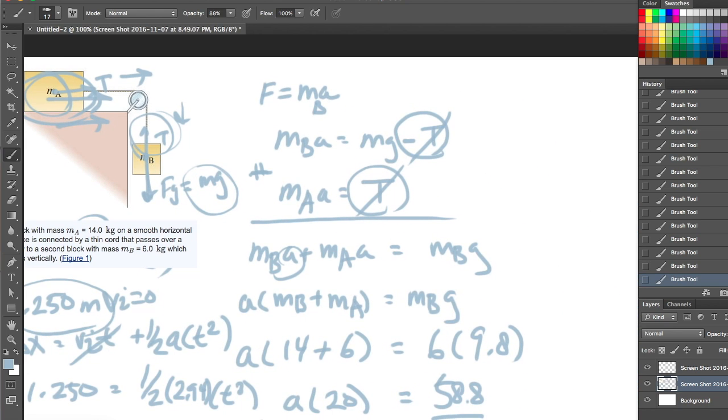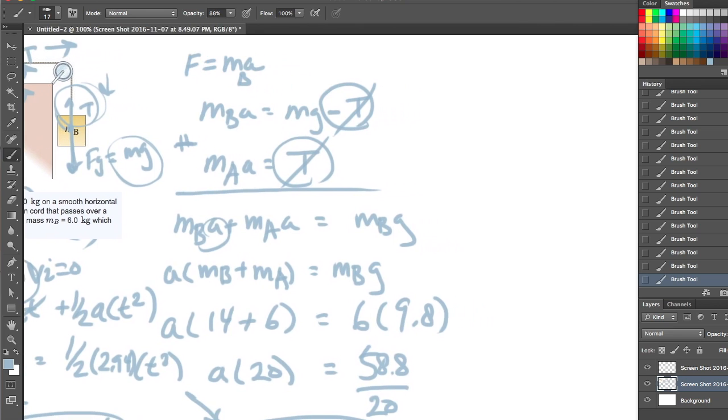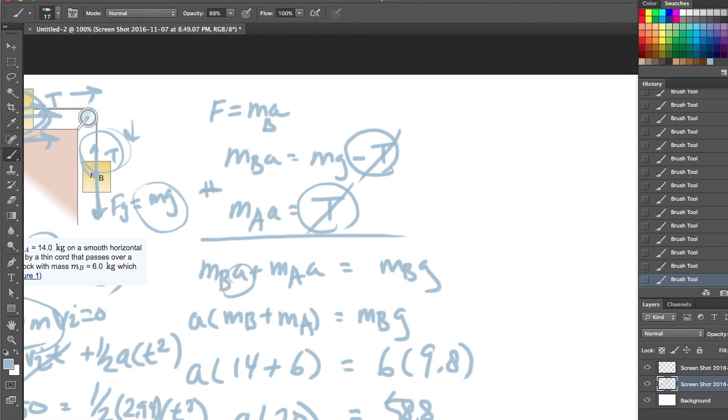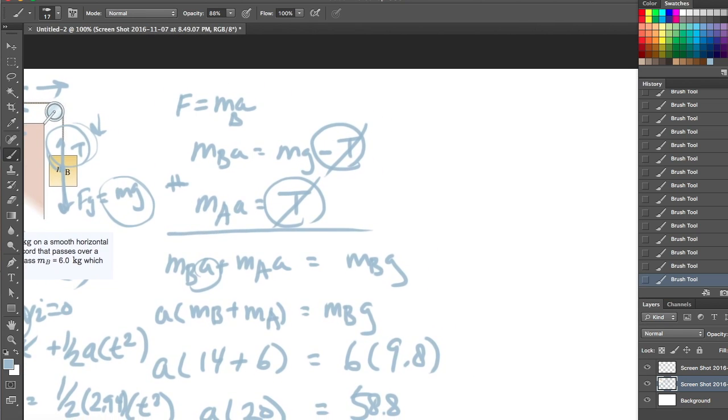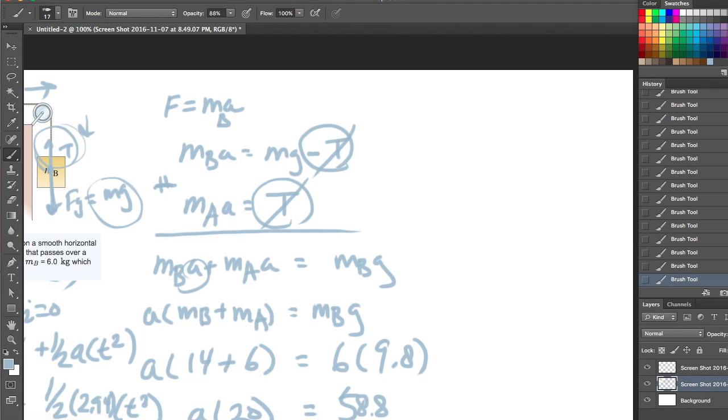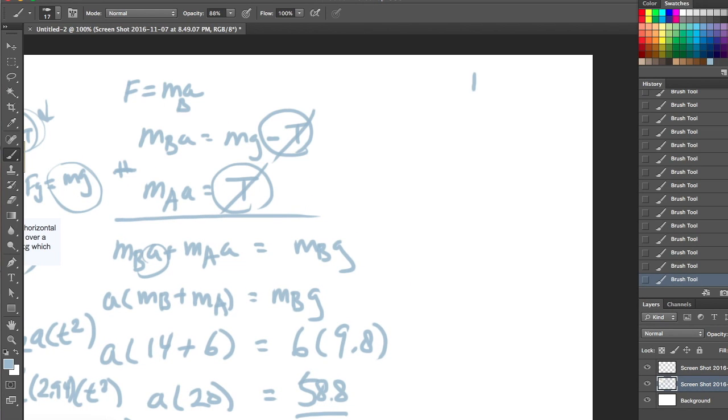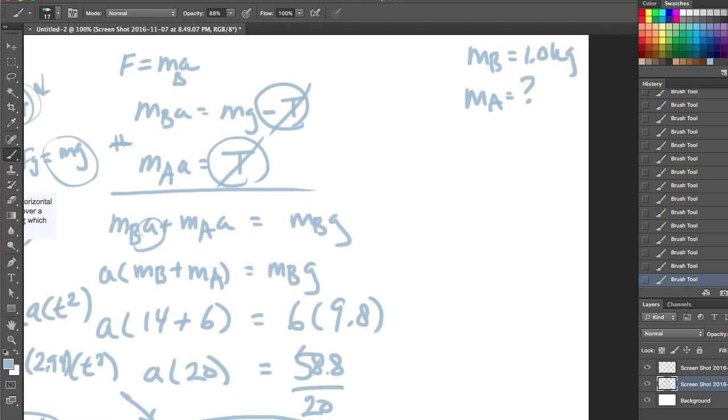There's a third part to this question, at least for me, and it asks: if MB is equal to 1.0 kilograms, how big does MA have to be if the acceleration is to stay at g over 100?